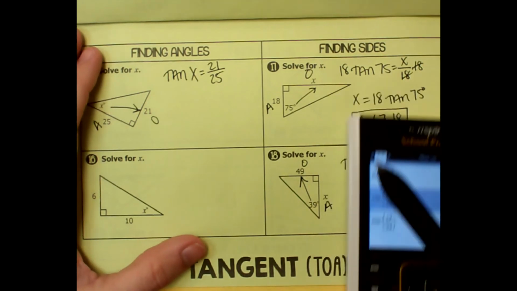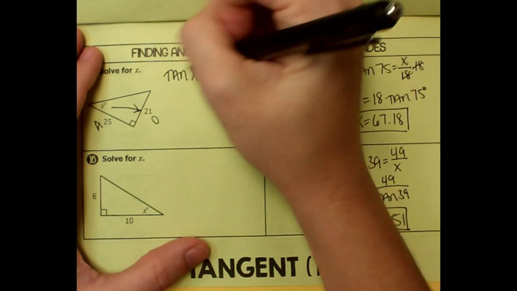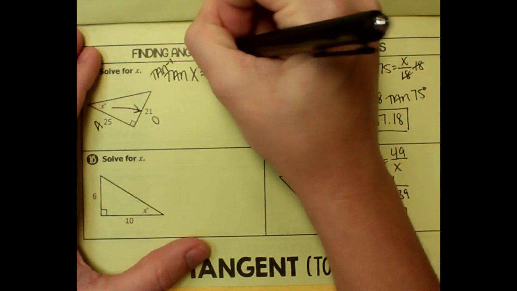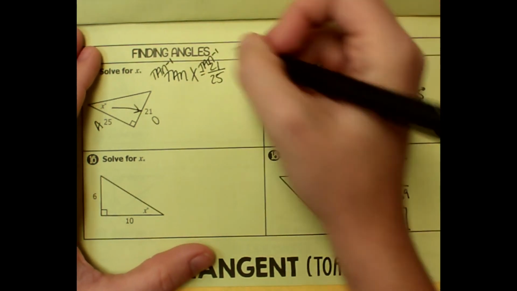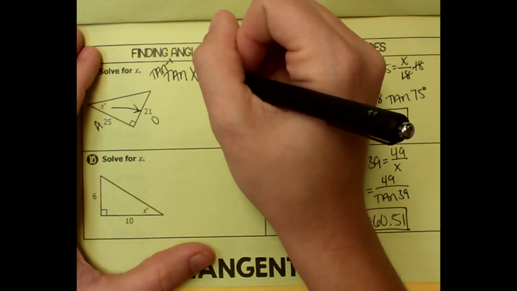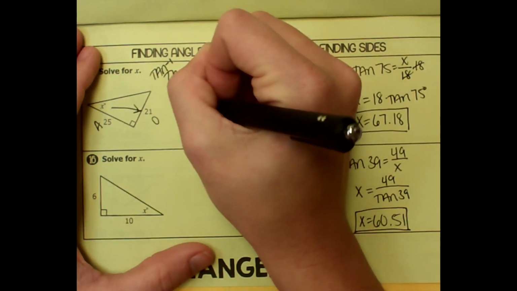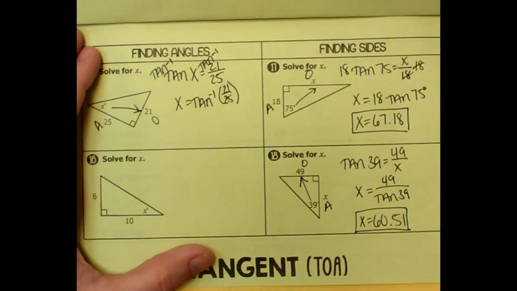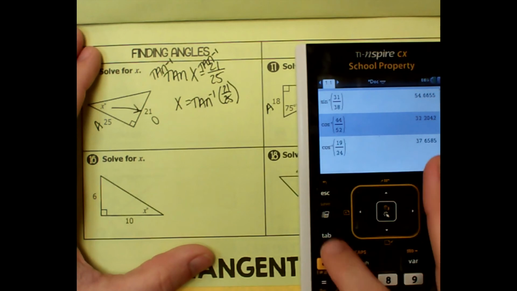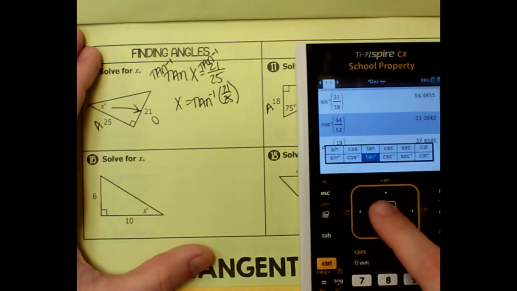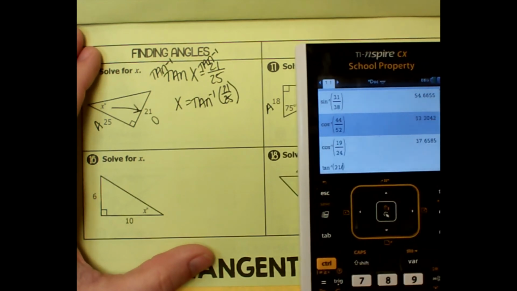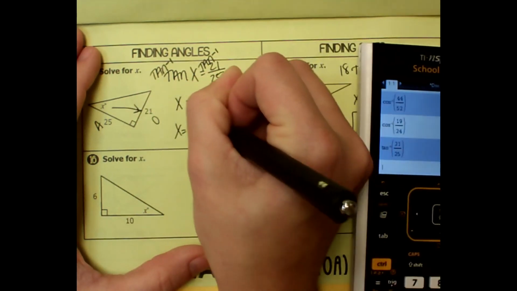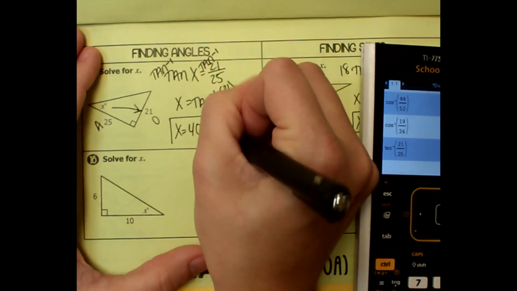Okay, so just like we did with sine and cosine, to get that x by itself, you have to take the inverse, because when you're solving for your angle measure, you're using the inverse, in this case, of tangent. 21 divided by 25, you get that x is equal to 40.03 degrees.